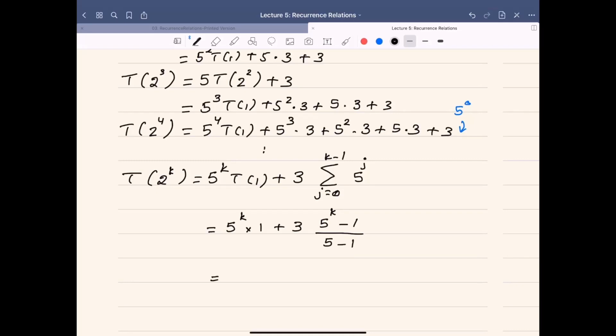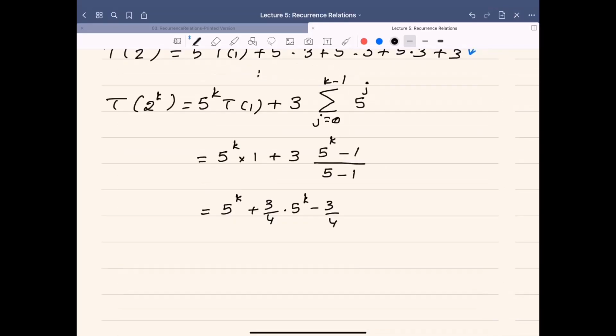We will simplify this equation, and after the simplification we will get 5 to the k plus 3 over 4 times 5 to the k minus 3 over 4, and this is equal to 7 over 4 times 5 raised to power k minus 3 over 4.